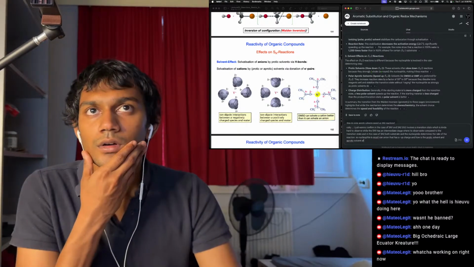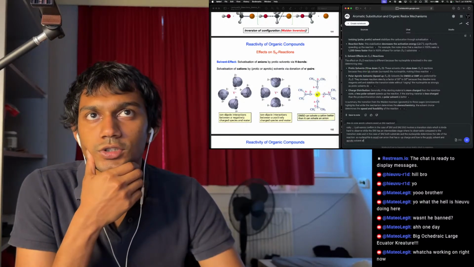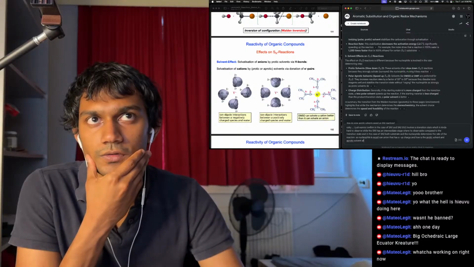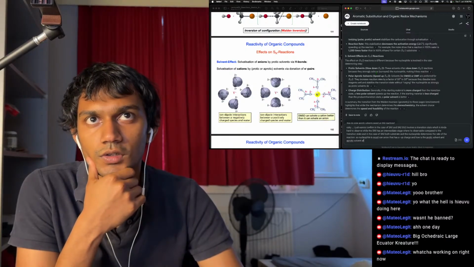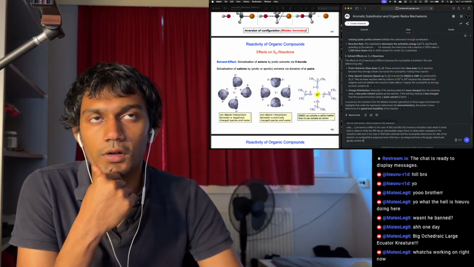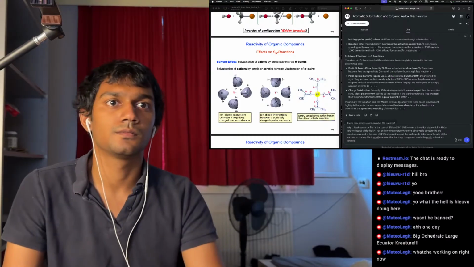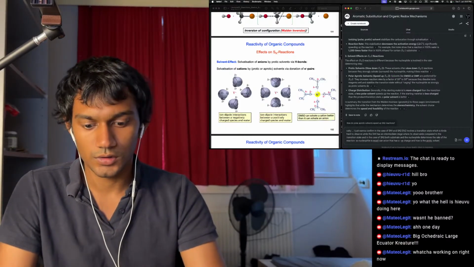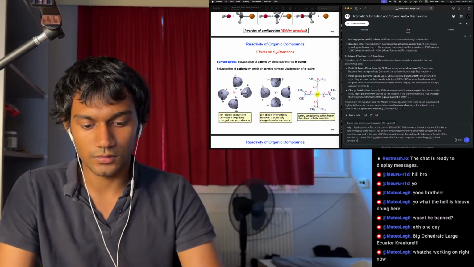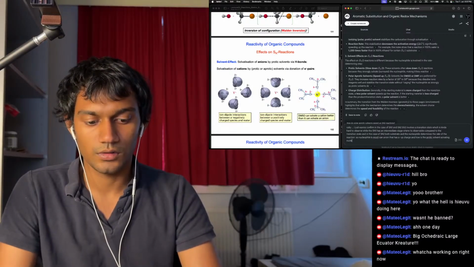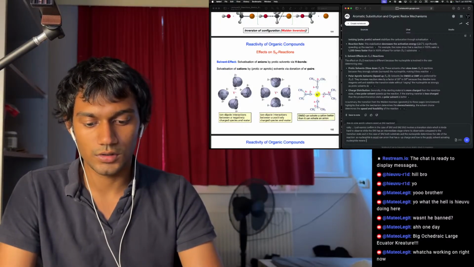Wait. Protic solvents slow down SN2. These solvents often slow down SN2 because they strongly solvate the nucleophile, making it so. Protic solvent solvating nucleophile means it.